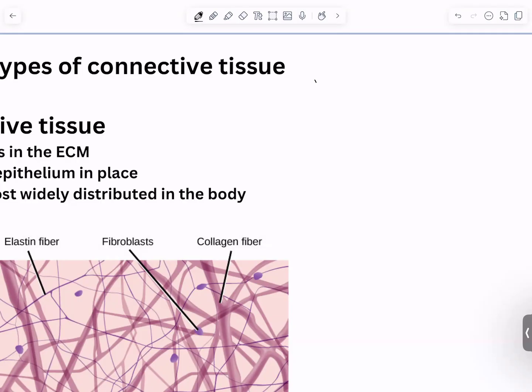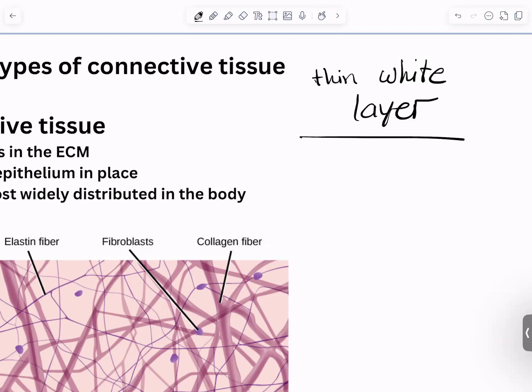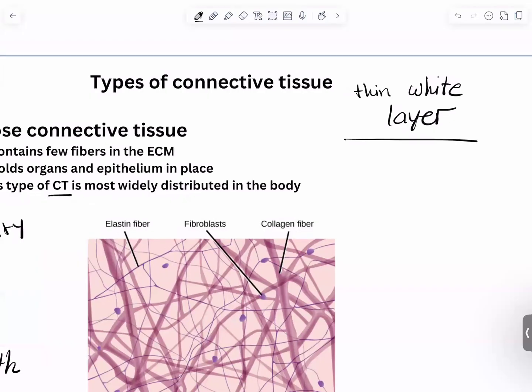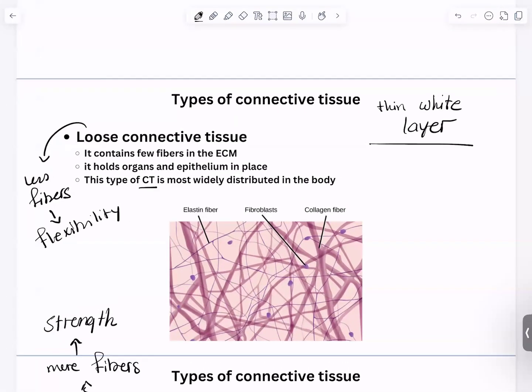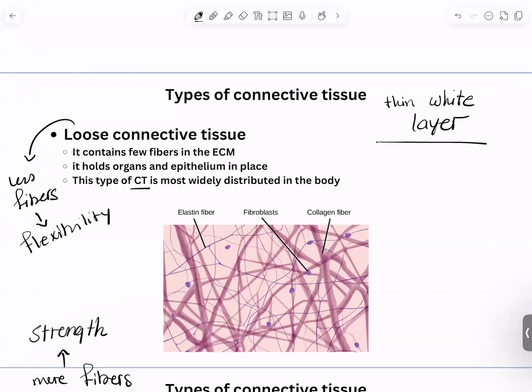Guys, did you see a very, very thin white layer around, for example, some parts of the chicken? It's very thin. And around the beef, around any kind of meat. Did you see that? Yes. That's connective tissue. That's loose connective tissue.